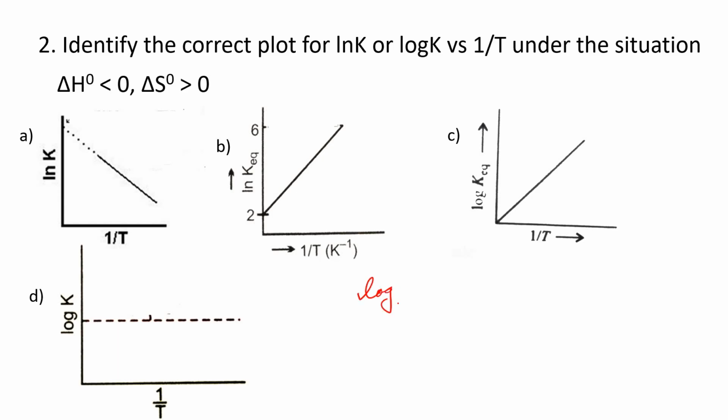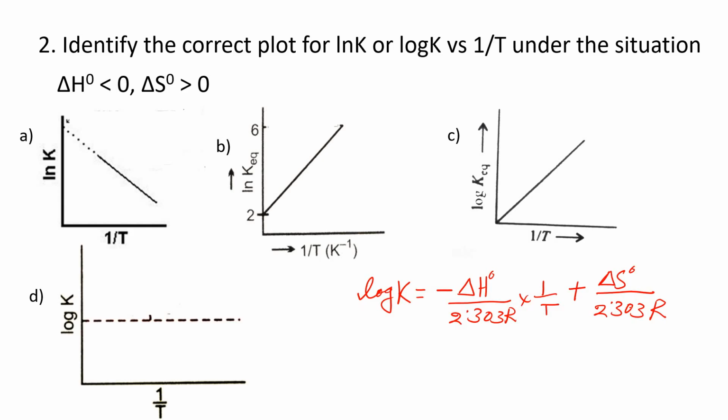Just now we have derived log K is equal to minus delta H0 by 2.303 R into 1 by T and then plus delta S0 divided by 2.303 R, right?